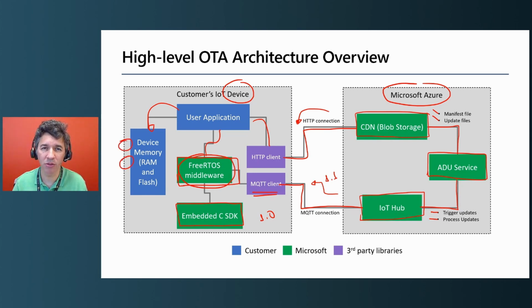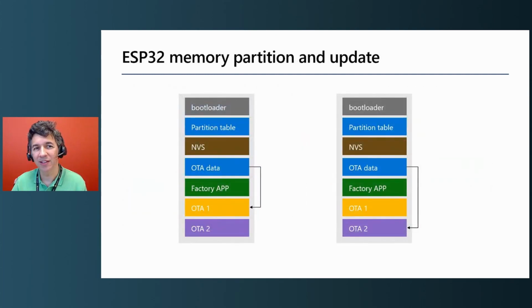In this case, we'll be showing you today how to do that using an ESP32. The ESP32 is very unique as it has a lot of space for us to use, but mostly what happens is we're going to have our sample installed in one of the partitions, say OTA1, and then using the over-the-air update, we're going to be writing the new version of the firmware to the second partition, and then the OTA data will just be pointing to this newer version, which means that we are not deleting the previous version that we have here.